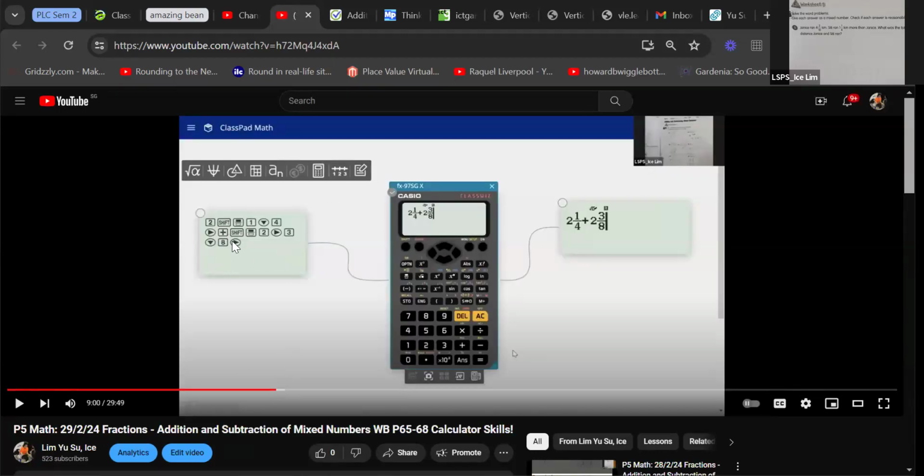You'll see the buttons being shown in the video again. You can see how you press through the buttons to get to do mixed numbers.